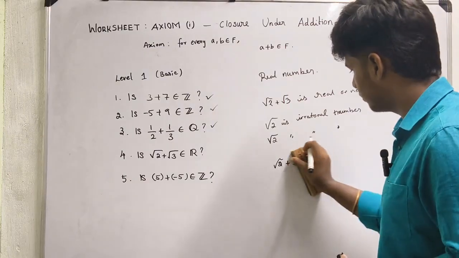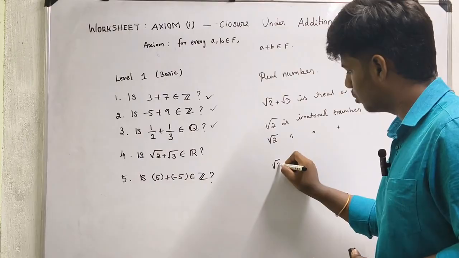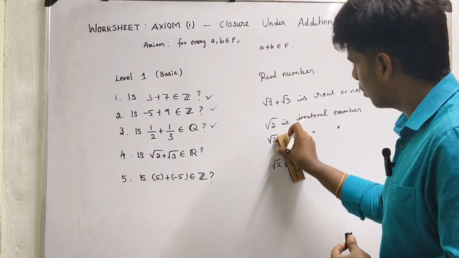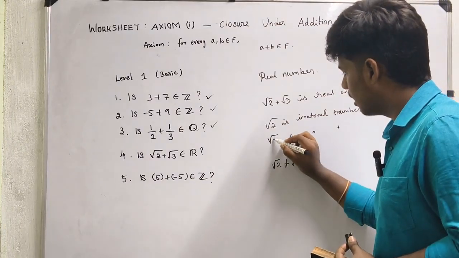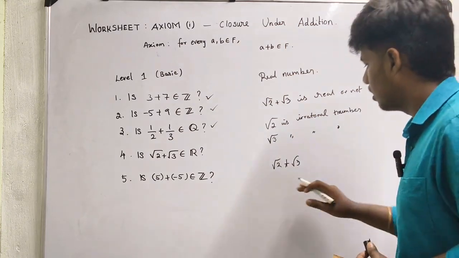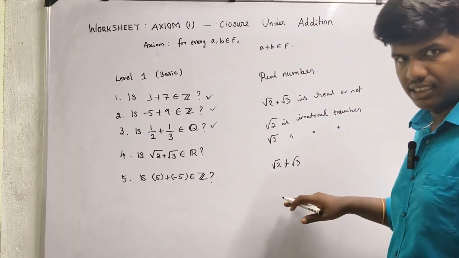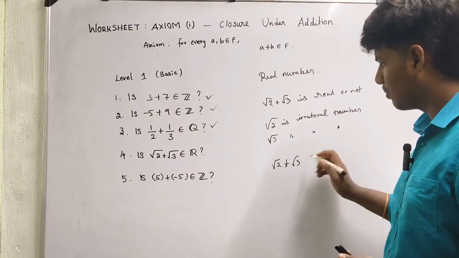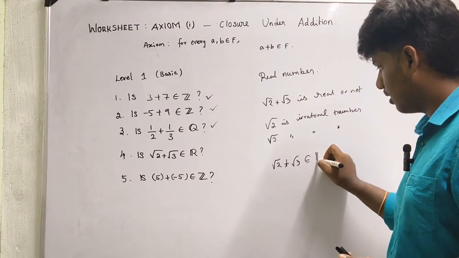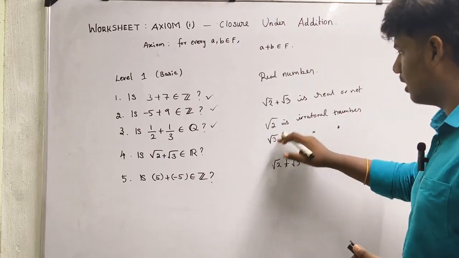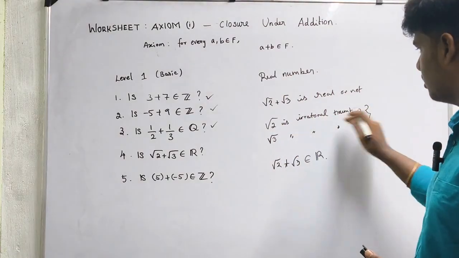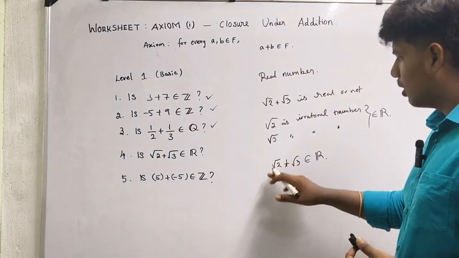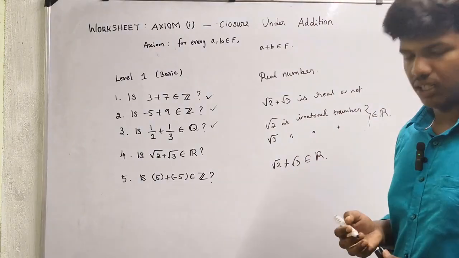But here it is root 2 plus root 3, so I cannot add these since they are unlike terms, but it is in R, because both are in R. Root 2 is irrational, so it belongs to R, right? Likewise, root 2 plus root 3 also belongs to R.